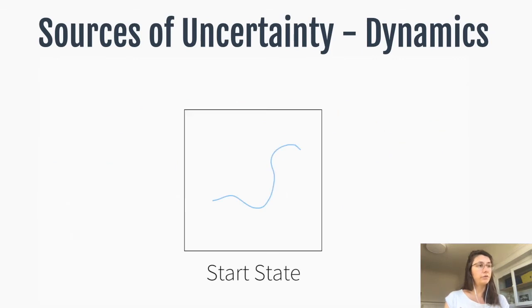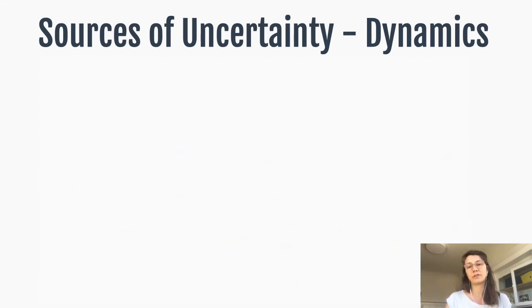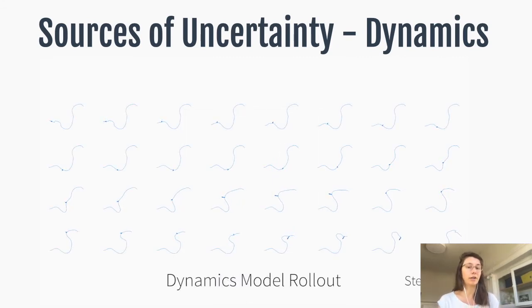So this is another source of uncertainty, with the effect that you cannot necessarily just open loop plan a manipulation sequence and hope that everything will go well. You actually have to continuously monitor what's going on and potentially replan.